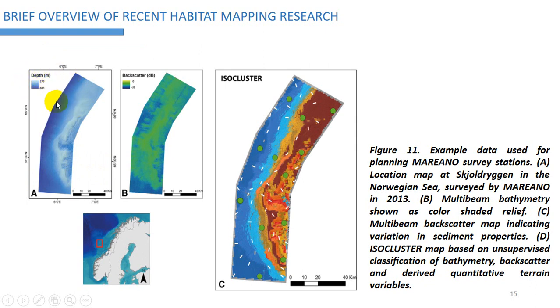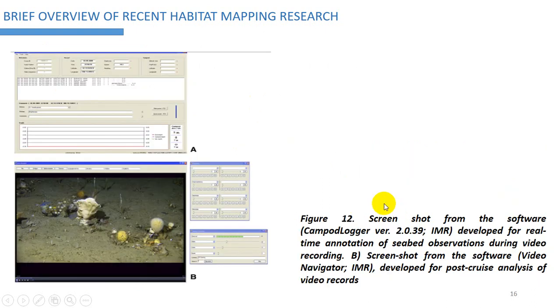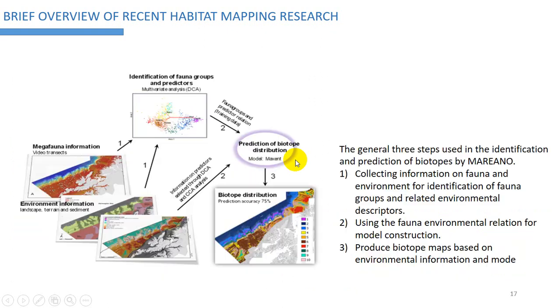Just use the depth, the bathymetry data, backscatter data, classify the data into different groups and make the map like this. And in this software, they also present a very good image of the seabed survey, and you can know what's happening there. Something living there is very amazing.